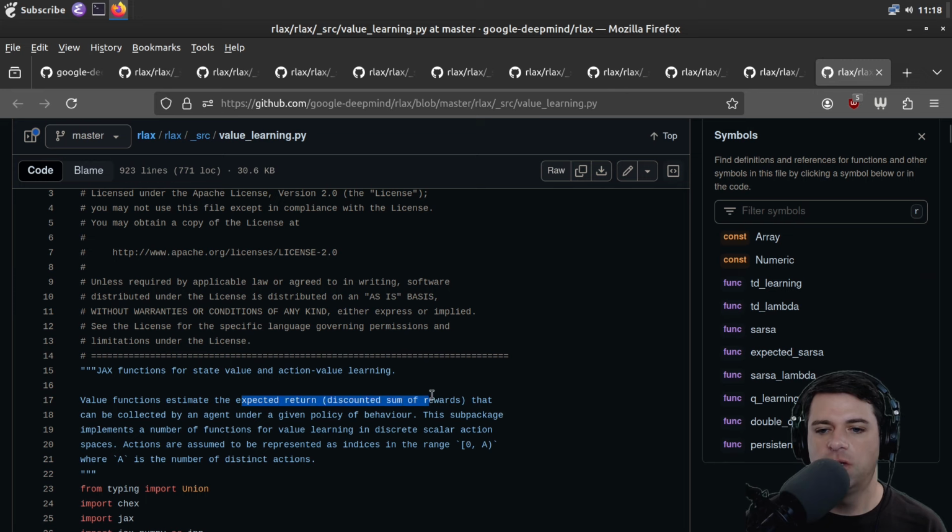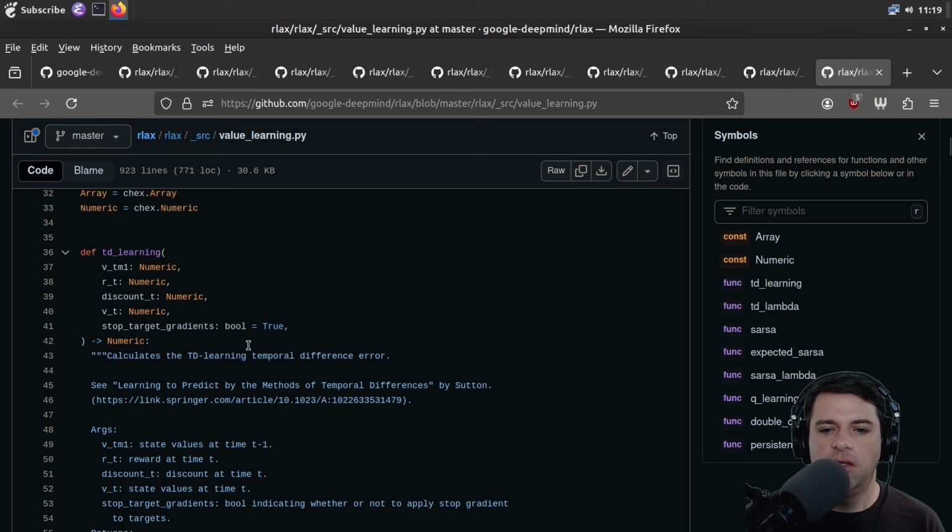So the expected return, which is the discounted sum of rewards, probably time discounted, that can be collected by an agent under a given policy behavior. These estimate the expected return. I don't know how that estimation is done. It implements a number of functions for value learning in discrete scalar action spaces.